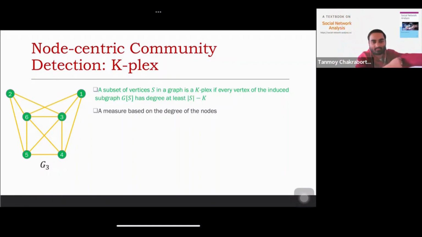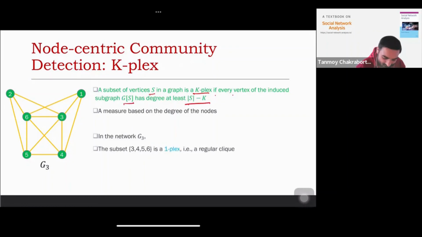What is k-plex? K-plex is a subset of vertices S in a graph that is called k-plex if every vertex of the induced subgraph of S has degree which is at least |S| minus k. Little confusing.